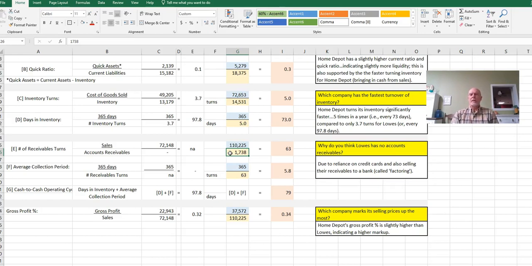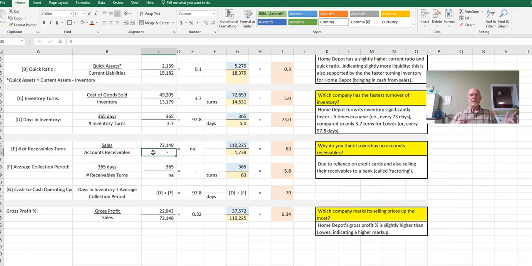One is, both of these companies do take credit cards, and so the customer is not paying yet, but the bank is, whoever is carrying that credit card. So Lowe's is getting their money very quickly from the bank, and it's the bank that carries the receivables as the customer pays that out, perhaps over time.